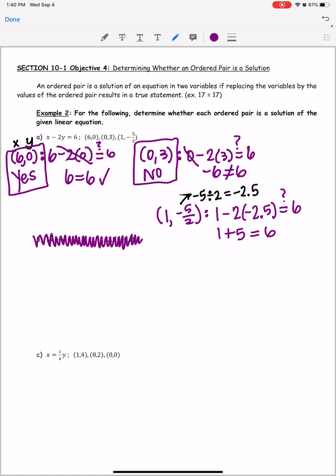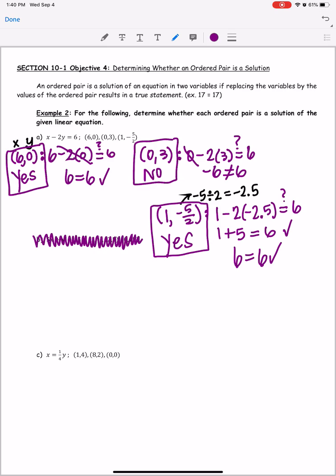Now, really and truly, you should be able to tell from there, 1 plus 5, yes, that equals 6. That is a true equation. If you want to stop right there, that's perfectly fine. If you want to take it one more step and get all the way to 6 equals 6, I'm fine with that too. Main thing is, though, that yes, this is an equation.